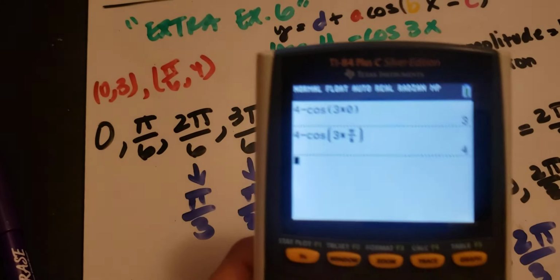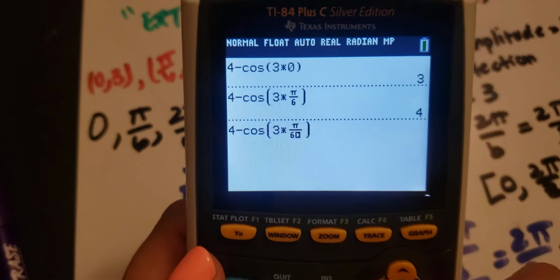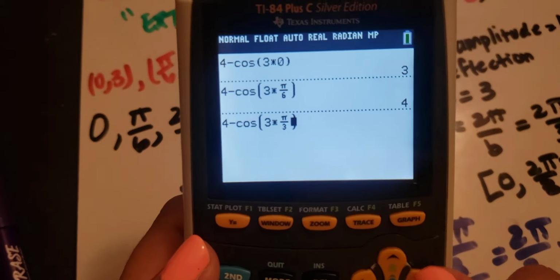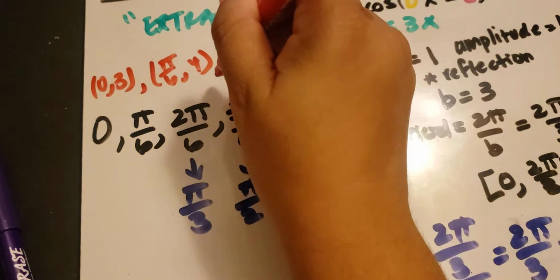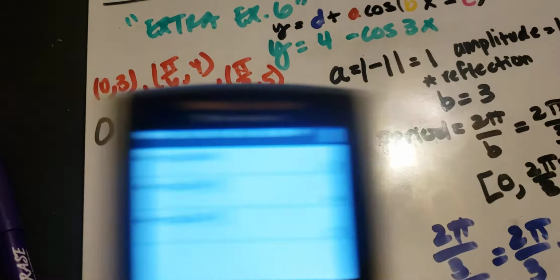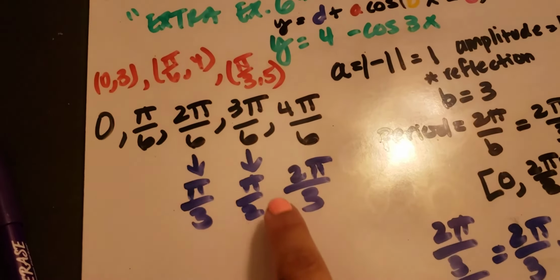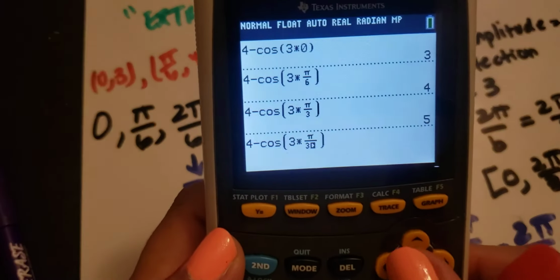And now the next one. Remember, we got pi over 3. So let me just change the 6 to 3, and we get 5. So pi over 3, 5. And then the next one should be pi over 2.